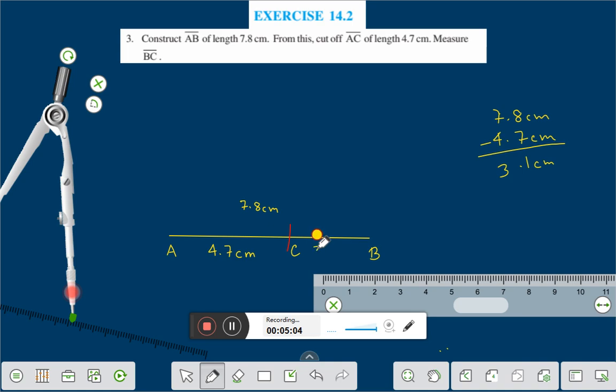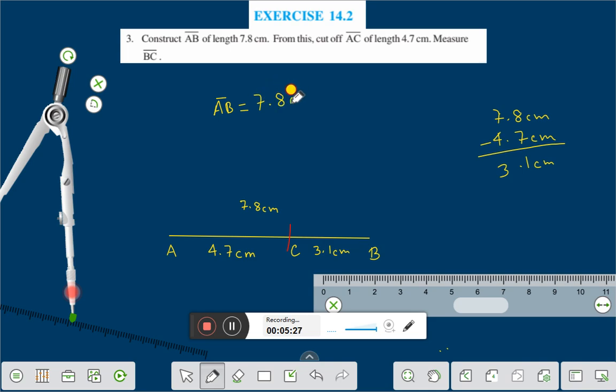It will be 3.1 centimeter. In this way you have to draw the line. Here we construct AB. The line segment we have drawn is 7.8 centimeter.